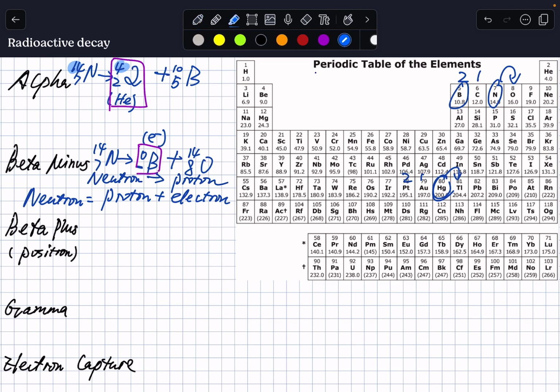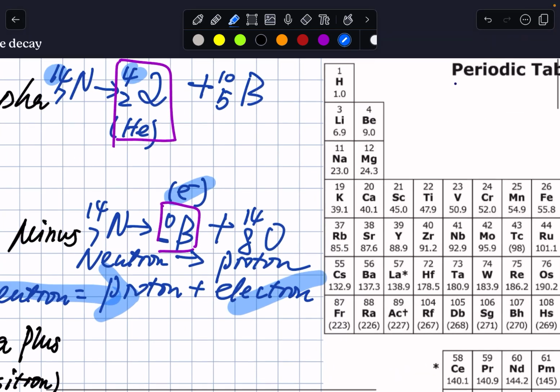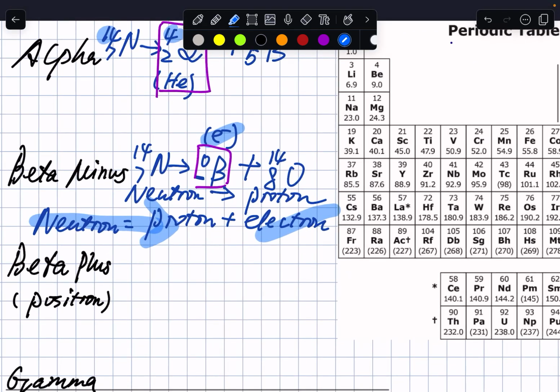So +1 plus -1 equals 0, neutron, okay? So once I emit the electron, okay? Here, electron, I emit it. So what you're left with is a proton. So basically you turn a neutron into a proton, okay? It also makes sense if you look at this: nitrogen has 7 protons. But now I turn the neutron into a proton, so I have 1 more proton. Yeah, oxygen has 1 more proton, right?